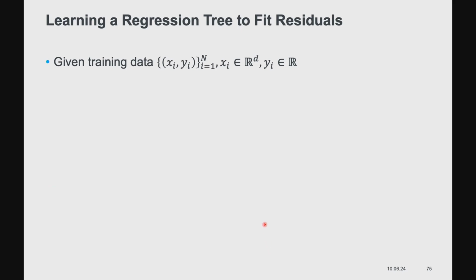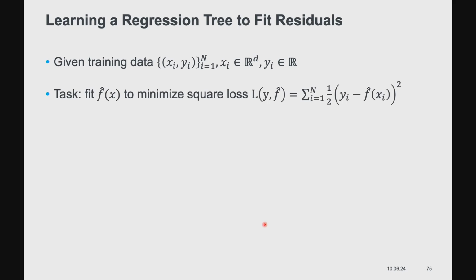So again, we are given training data, and now we fit our function f hat, in this example, to fit a numerical value. So we want to fit the squared loss. And what we get are residuals. Every mistake that we make here is nothing else than a residual, just like in linear regression.